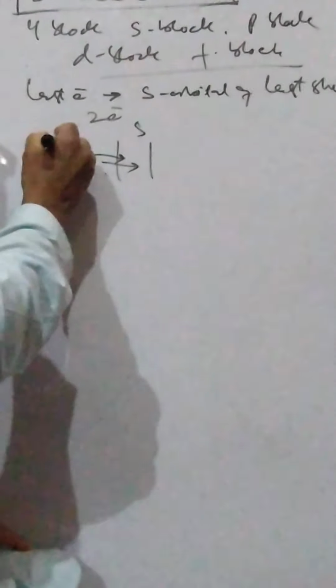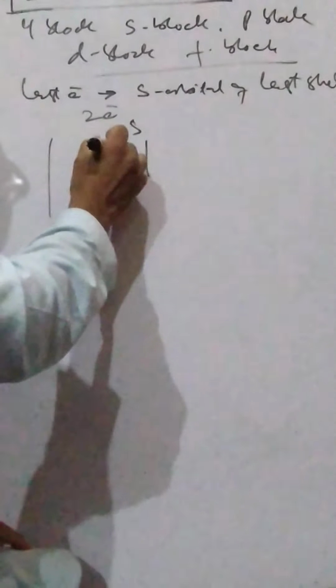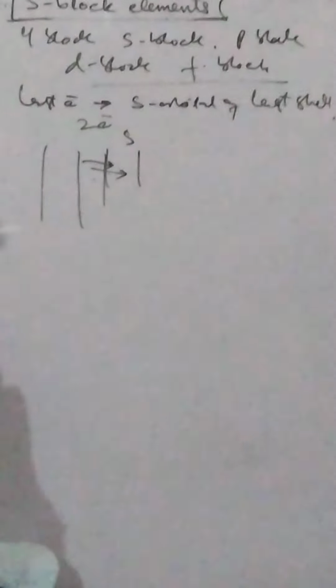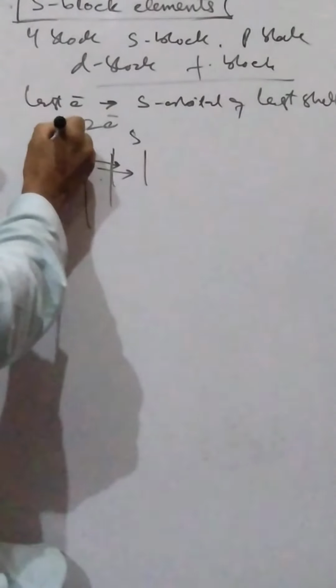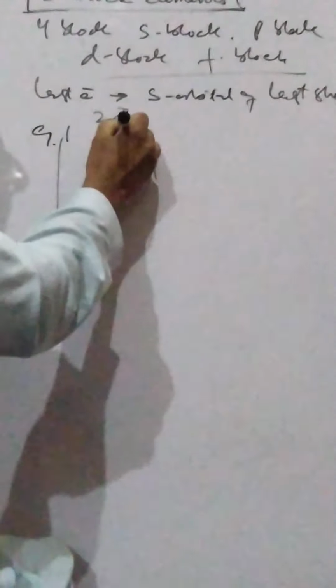So we have only 2 groups of the periodic table in which the last electron goes to the S orbital, and these 2 comprise the S block elements. These are group first and group second.